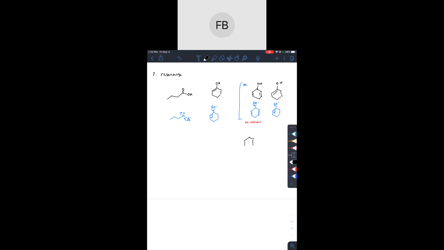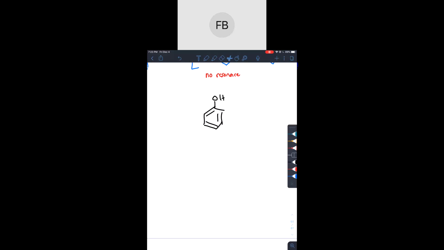The last example I want to show you is an example where there's already this going on, and you might have an OH. In this example, you have an OH here. The hydrogen leaves, right? And you have O minus.